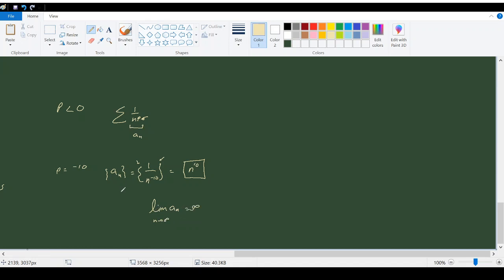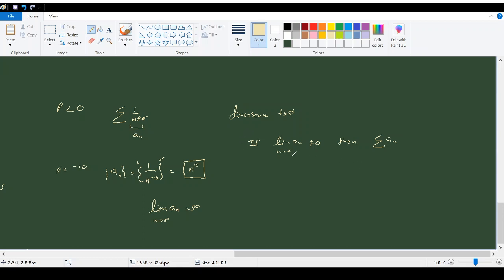And in the previous week we discussed a thing called the divergence test, right? Which says if the limit of a_n is not equal to 0, then the series will diverge. If you don't remember this one, please have a look at the previous videos.